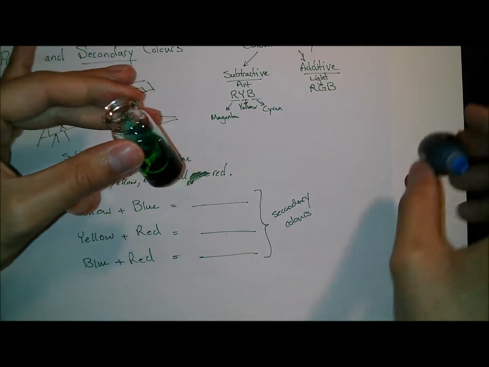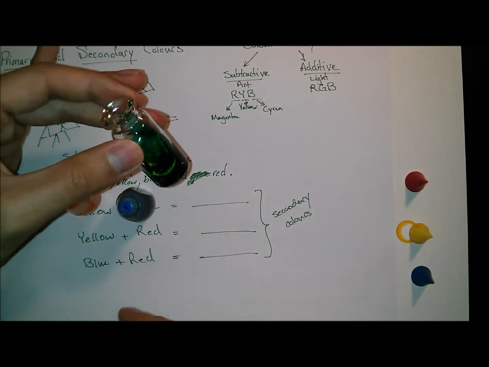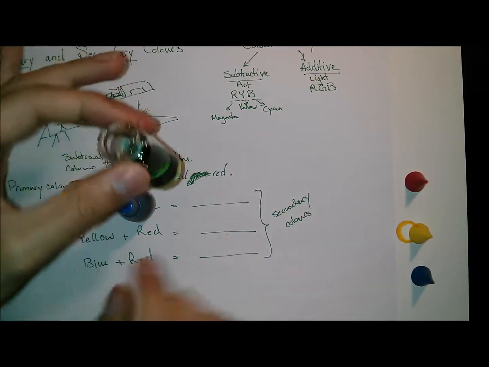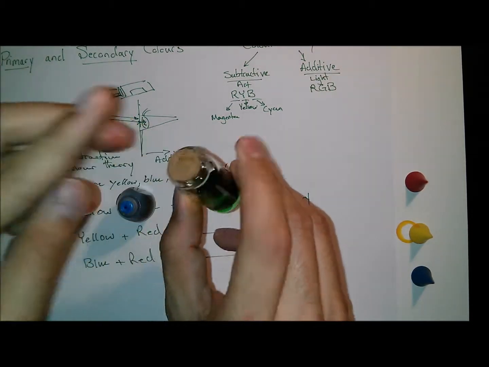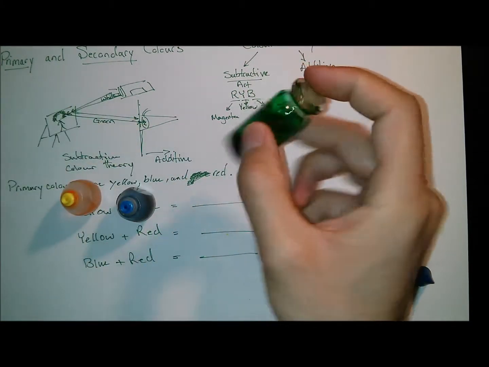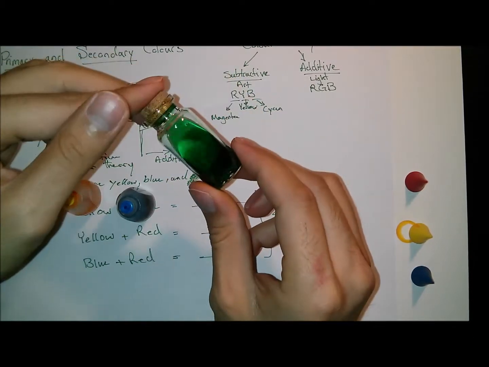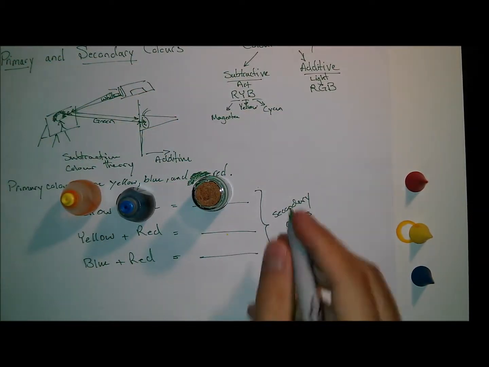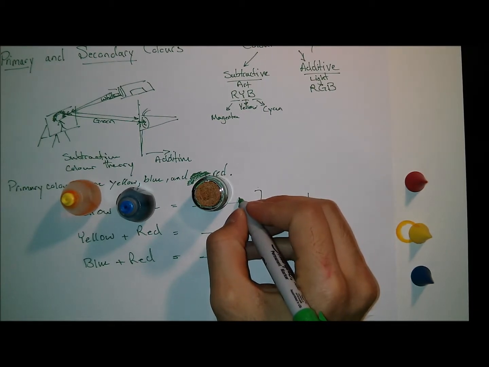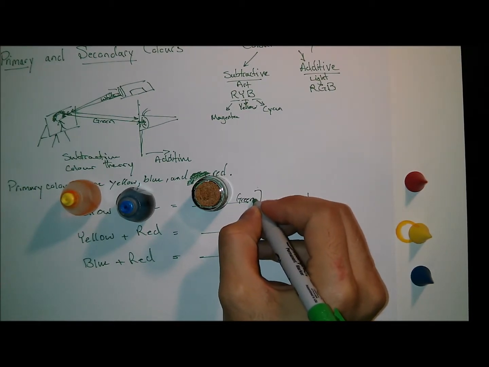Whatever we get from this is our secondary color from this combination. If I put the cork back on top and give it a shake, I should see green. Okay, wonderful. So this is green.